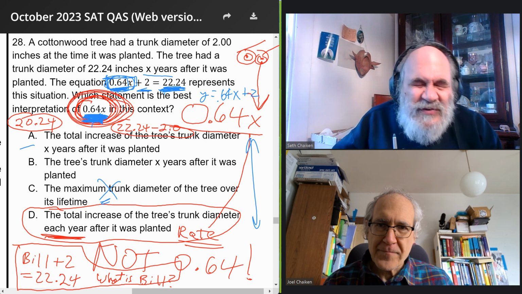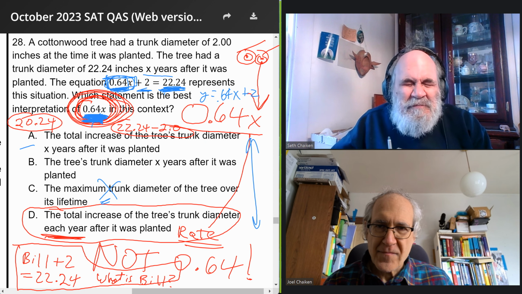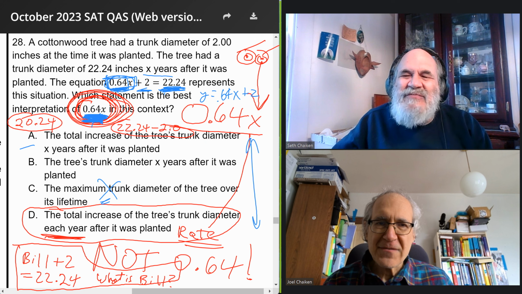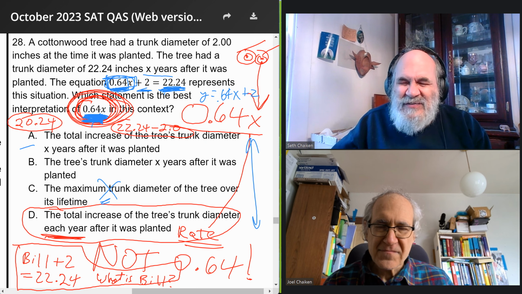So actually, the 0.64 is not the rate. It is the average rate, the average rate over the particular number of years in this situation.